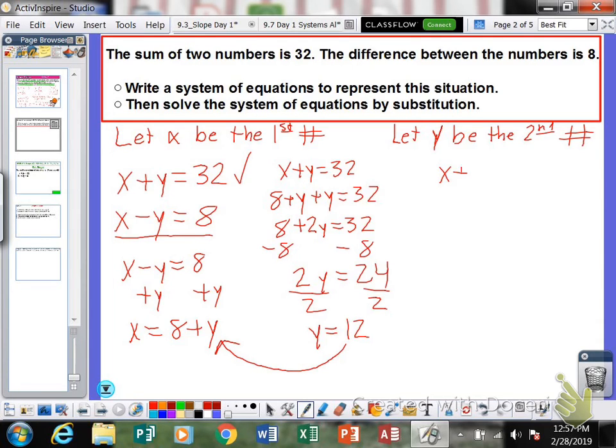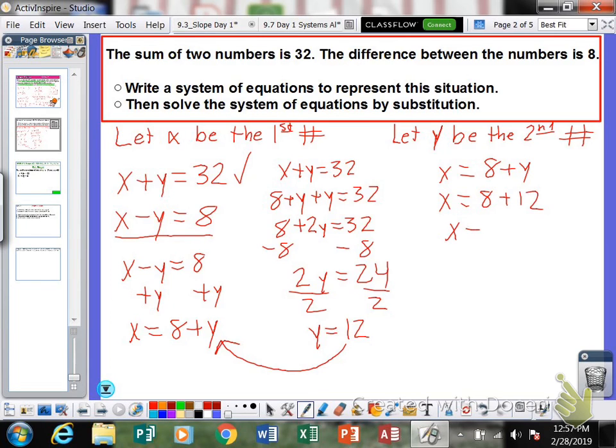So we have x equals 8 plus y. X equals, we know what y is, we're going to substitute 12 in for y.